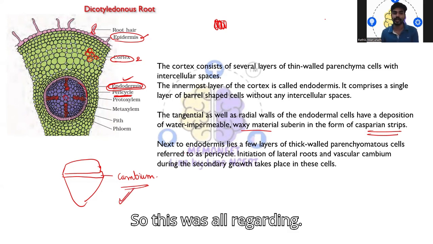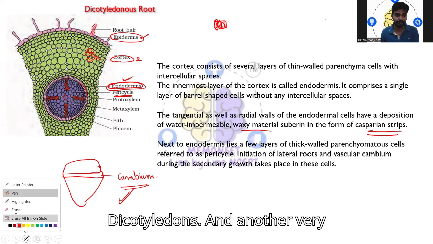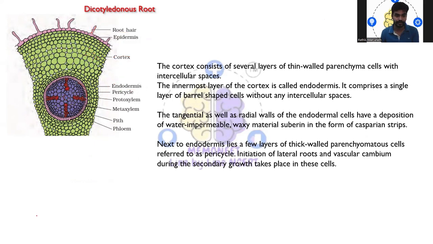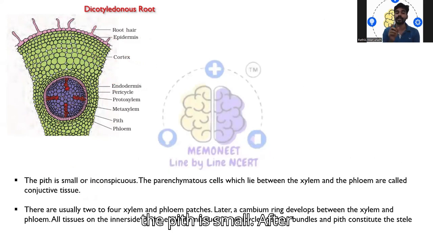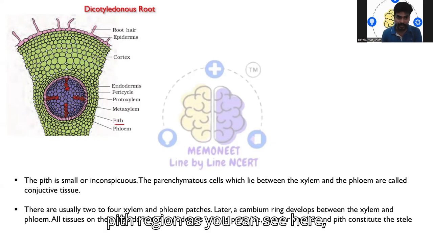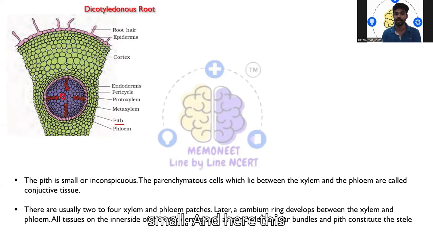So this was all regarding dicotyledons. Another very important thing is that the pith is small. After this region, you will see the pith region, which is very small.